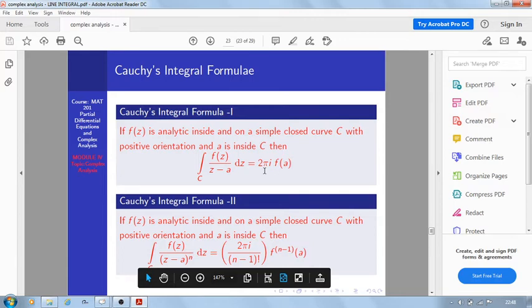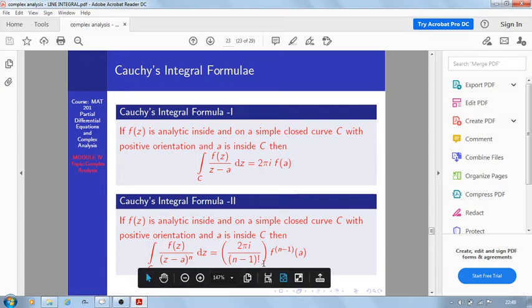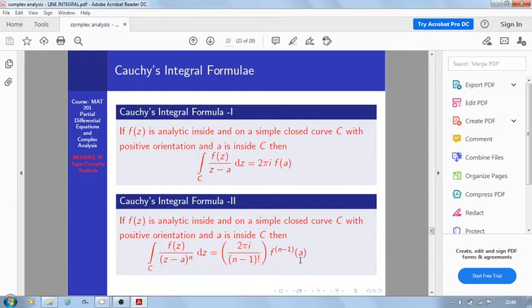So you will get this result from the basic formula by differentiating with respect to a. So this is the Cauchy's integral formula. Syllabus നോക്കിയാൽ കാണാം Cauchy's integral formula for derivative of an analytic function topic കാണാം. So this is Cauchy's integral formula for derivative of an analytic function.